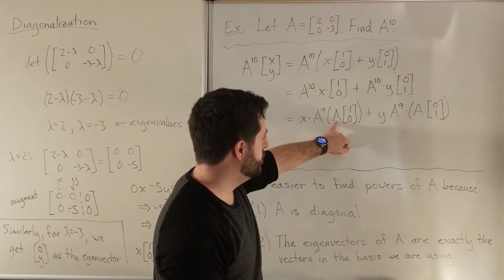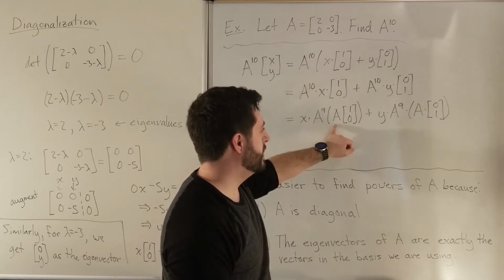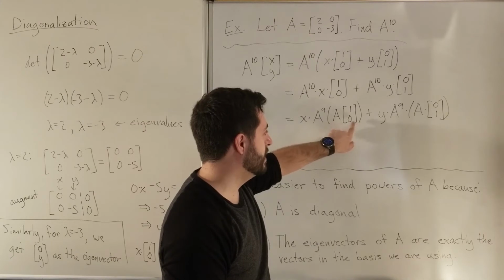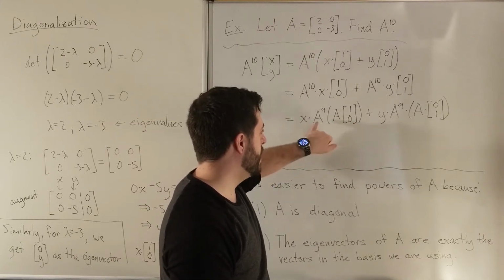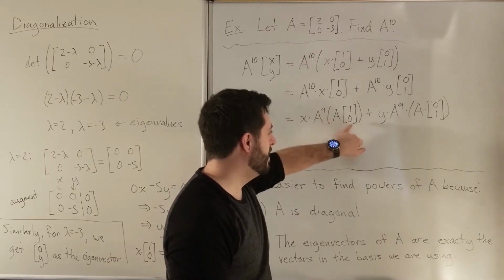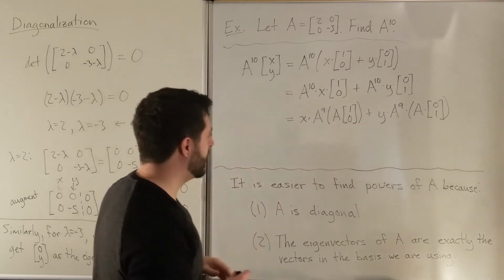I'm trying to say what happens when I take one of those factors of A and apply it to the vector. Okay, and the reason this will look nice is because I know that this is an eigenvector of this matrix. And so when I apply a single factor of A to this matrix, it's going to just multiply by the eigenvalue.